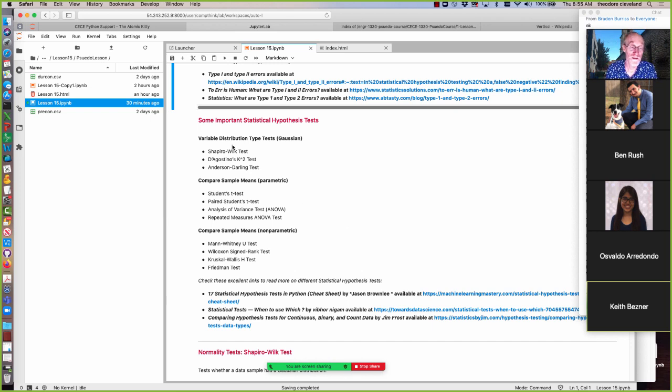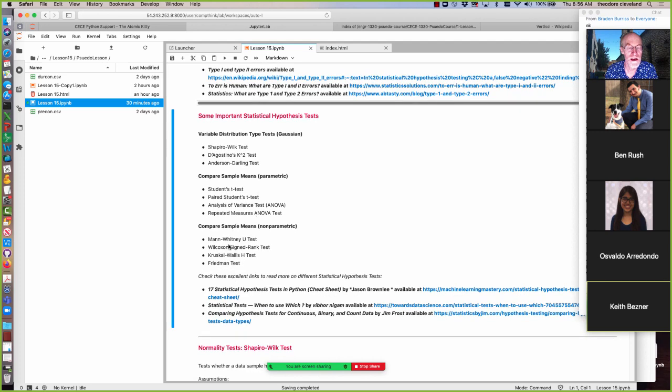And there's more than just these 11 that are listed here. The ones that we will examine over the course of the next few hours and days are a t-test, paired t-test, and ANOVA; repeated ANOVA we'll get to later, when we get into the regression part of the class. And we'll look at Mann-Whitney and Wilcoxon signed-rank.